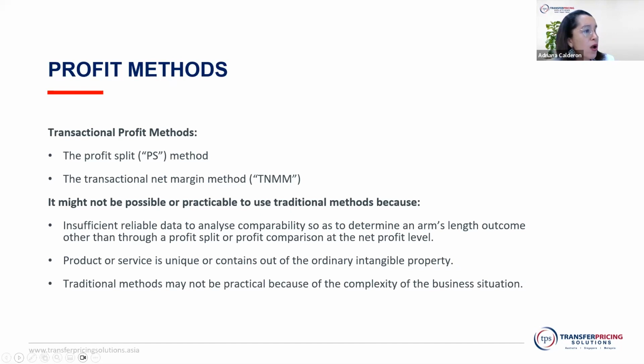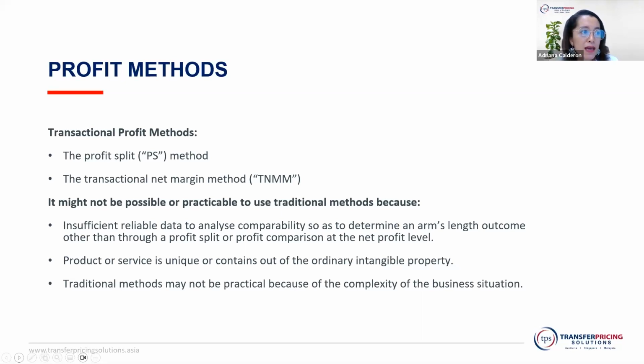Now, the whole idea, even though we don't have hierarchies, is that these profit methods come in when it is not practically possible to use the transactional methods, because there is not enough reliable data to derive a reliable conclusion on the arm's length price, because the product or services are unique, such as intangible property, or because the traditional methods may not be practical to apply as it can be very complex.